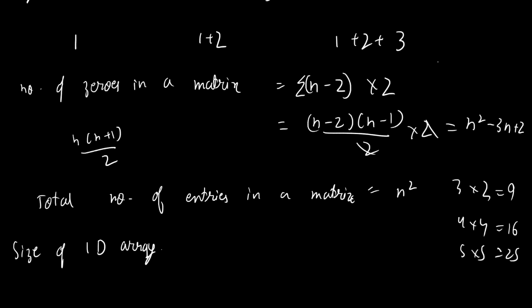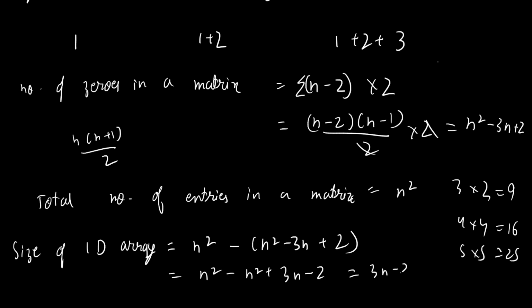So for that, simple arithmetic: the size of the 1D array equals the total number of entries minus the number of zeros in the matrix. So that would come out to be n square, the total number of entries, minus n square minus 3n plus 2, that will be the number of zeros in the matrix, which comes out to be n square minus n square plus 3n minus 2, equals 3n minus 2. This will be the size.